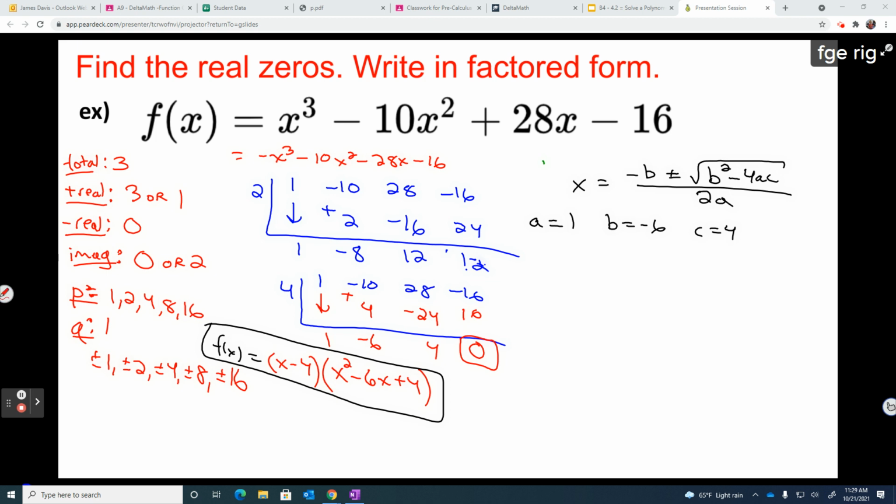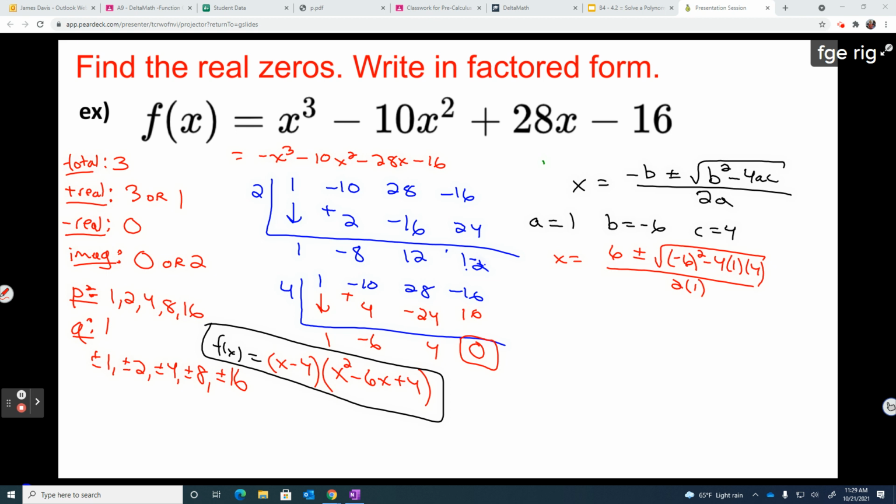Plugging those in. The B is a negative B, and this is already negative. So it's going to be negative negative 6, which is just positive 6, plus or minus the square root of negative 6 squared minus 4 times 1 and 4, all over 2 times 1.